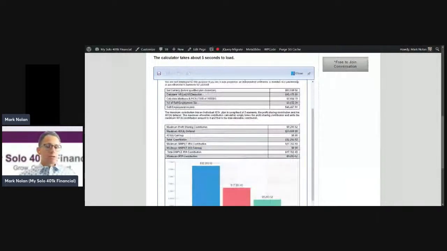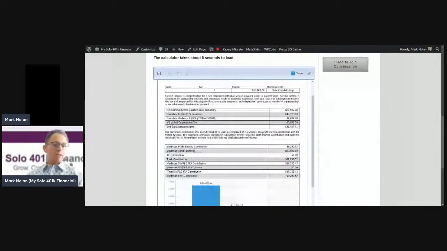the key here to maximizing the voluntary after-tax solo 401k contribution and understanding how it works is that for a sole proprietorship or LLC taxed as a sole proprietorship, the calculator will reduce that 50,000 line 31 by the required 1/2 of self-employment income tax. In this case, 1/2 of self-employment income tax is 3,532.39.